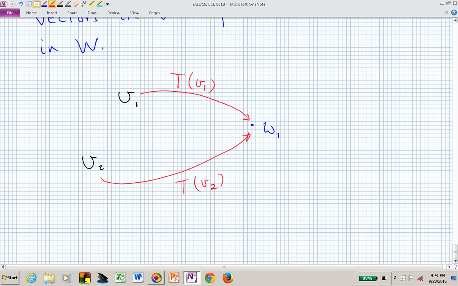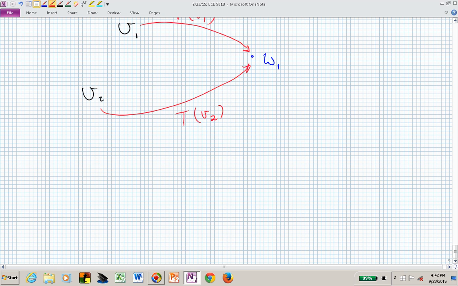Think of this map. I could have multiple vectors going to the same point through that linear map. What does that mean relative to the map being or not being invertible? It's going to be very difficult to try to get an inverse from that, isn't it?